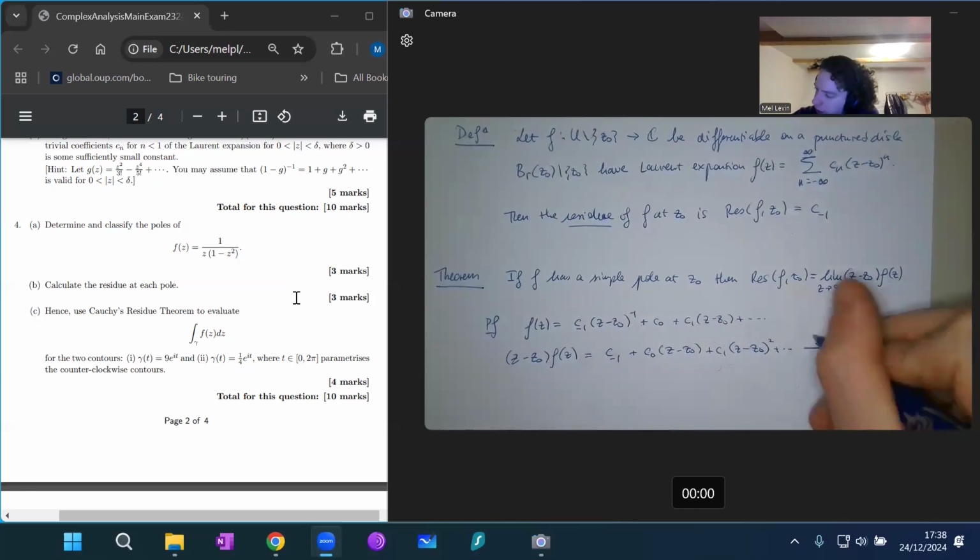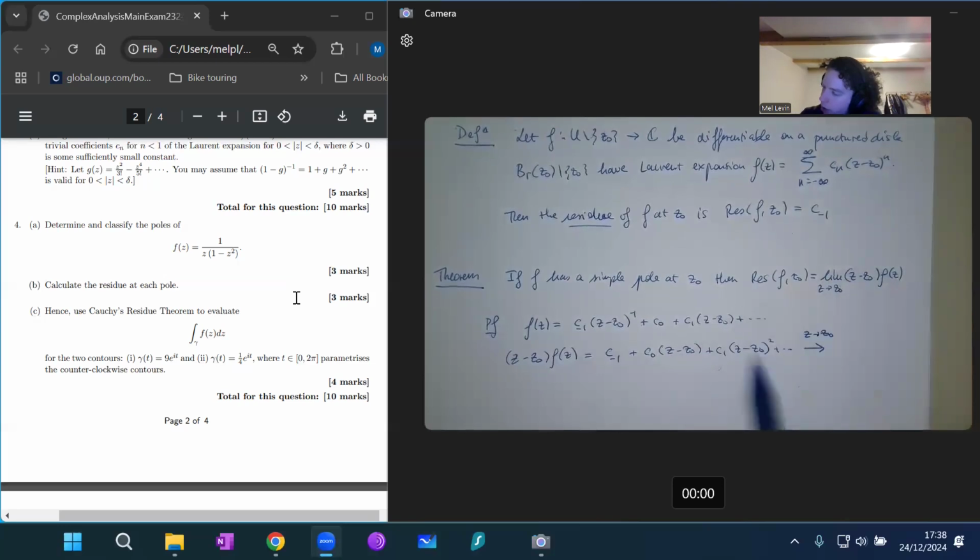And if I then let z tend to z naught, all of those other terms will go to 0, and we'll just be left with c_{-1}.